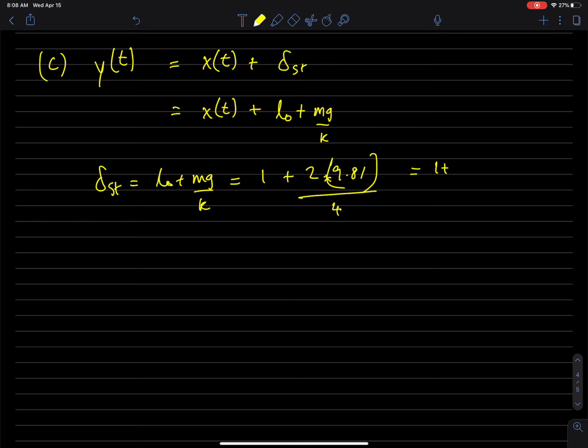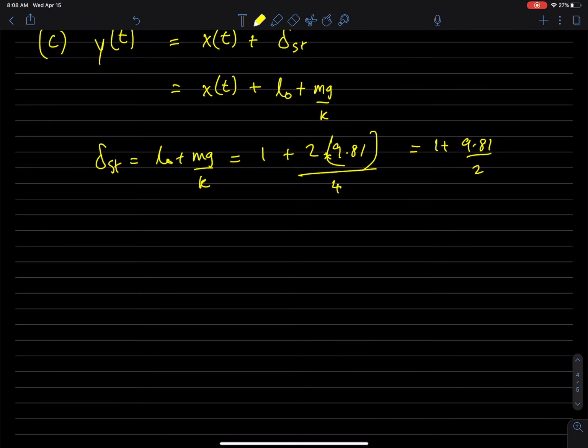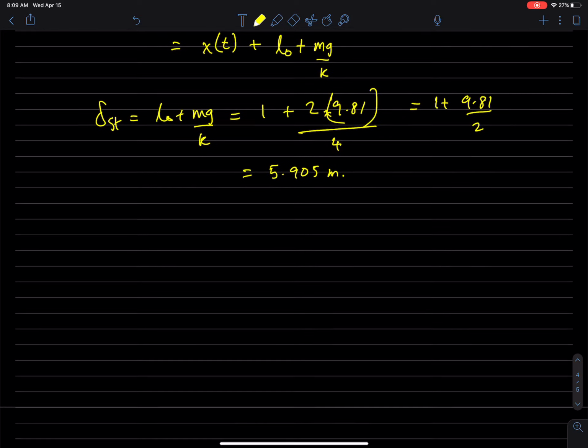So 1 plus 9.81 divided by 2, whatever that is. So let's compute it. I'm using my computer to compute it. That's 5.905 meters. Okay, so that's static equilibrium.